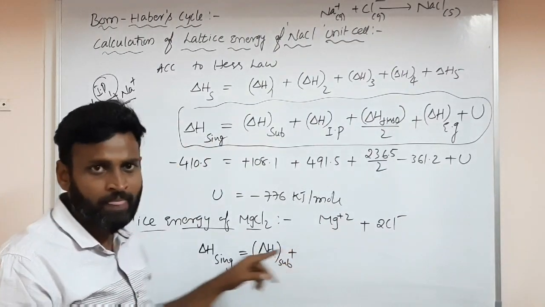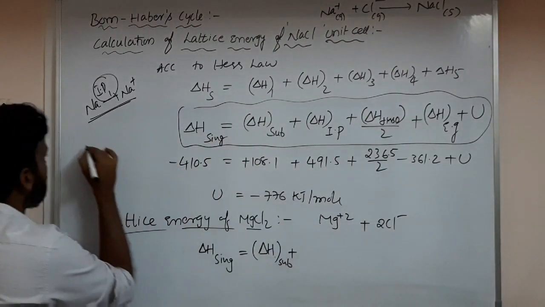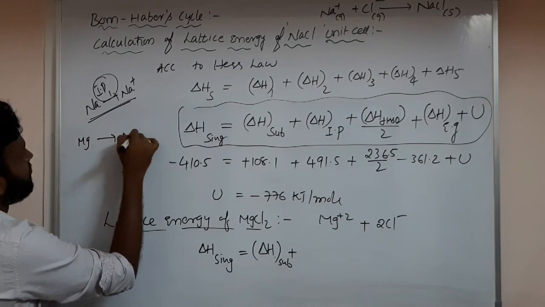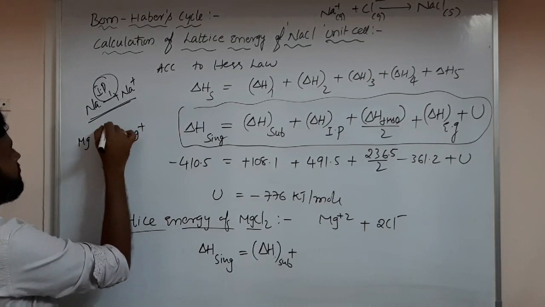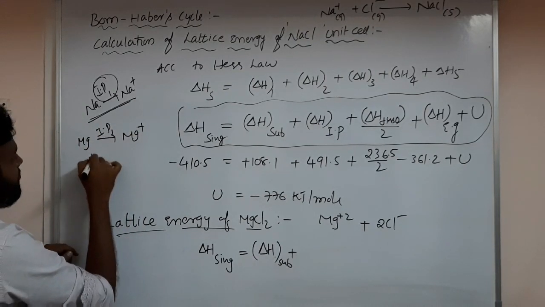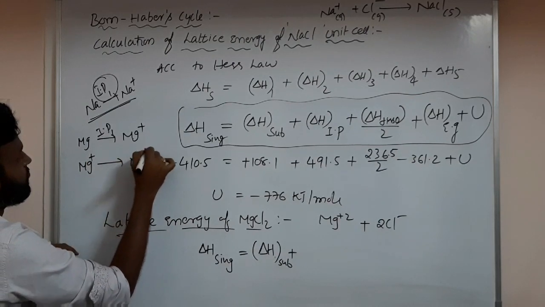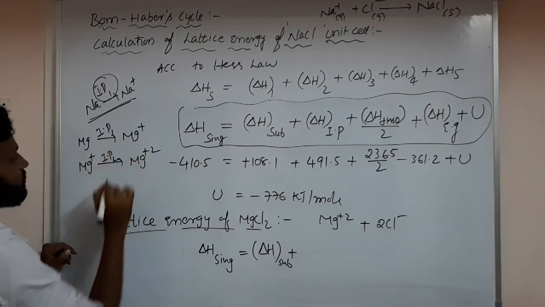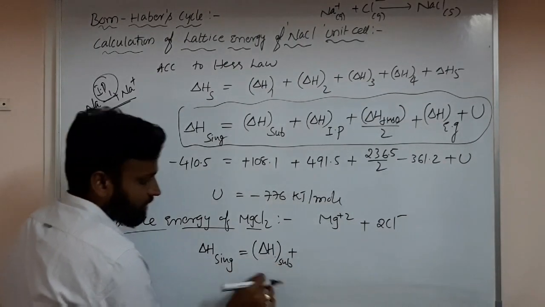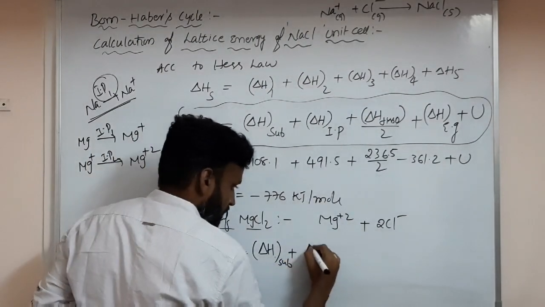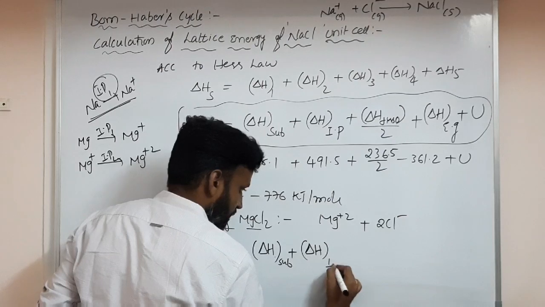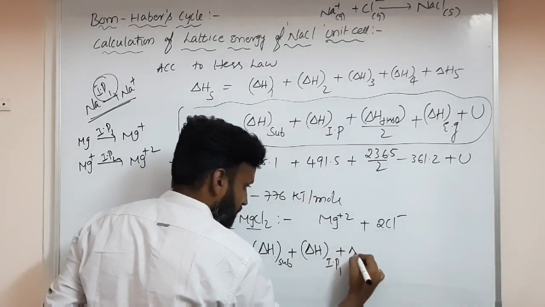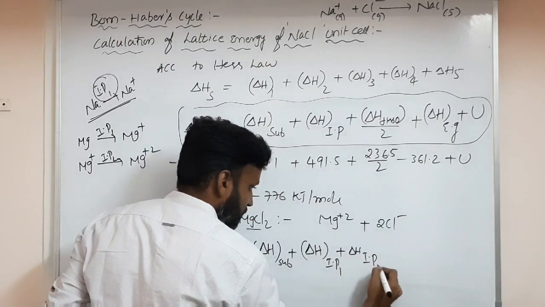Listen carefully please. First Mg must be converted to Mg plus, that means IP1 is required. Mg plus must be converted to Mg2 plus, that means IP2 is also required. So delta H sublimation plus delta H IP1 plus delta H IP2.